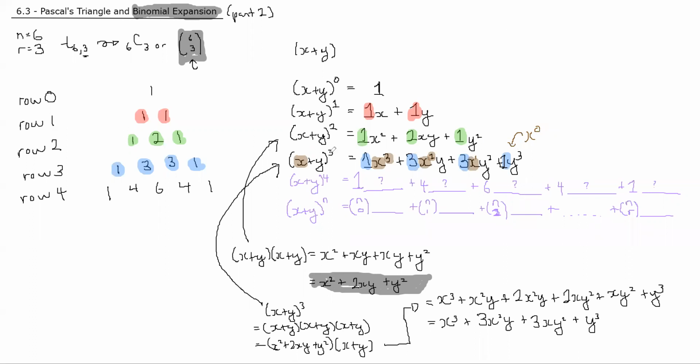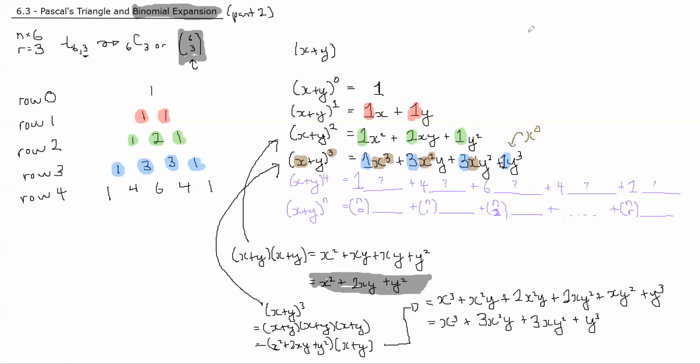Does a 3 look familiar? Starting from the row number, the first term in the binomial will have the power that is the same as the row number and just go down by 1 every single time. 3, 2, 1, 0. In this case, it would be 4, 3, 2, 1, 0. In the top example, it would be 2, 1, 0. Here, 1, 0. You get the point.